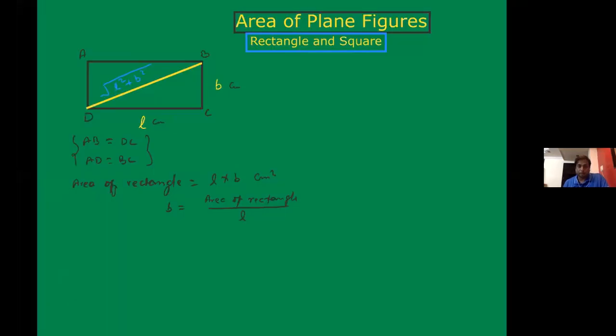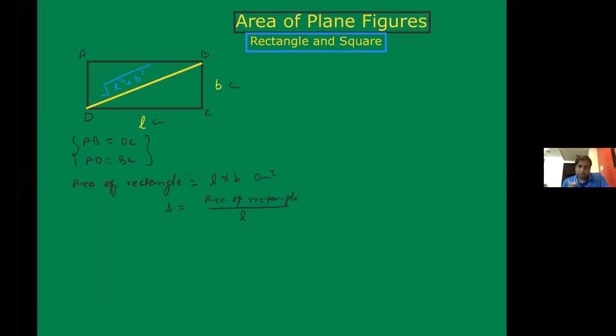Now the next question is, what is the perimeter of the rectangle? It is the sum of the lengths of all the sides. That means the length of AB plus length of BC plus length of CD plus length of AD.